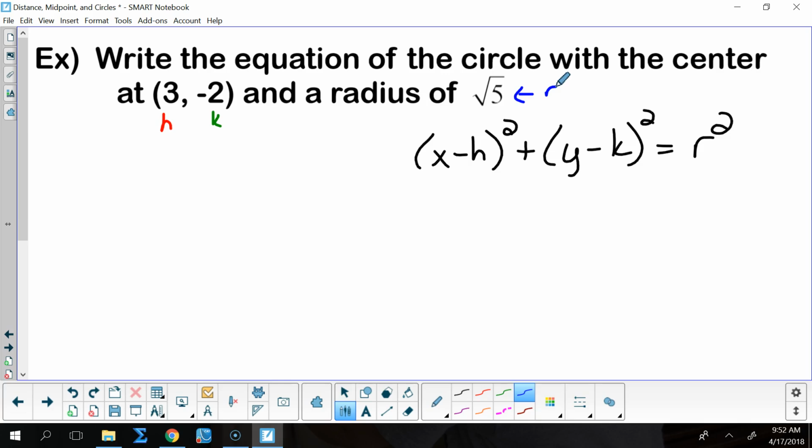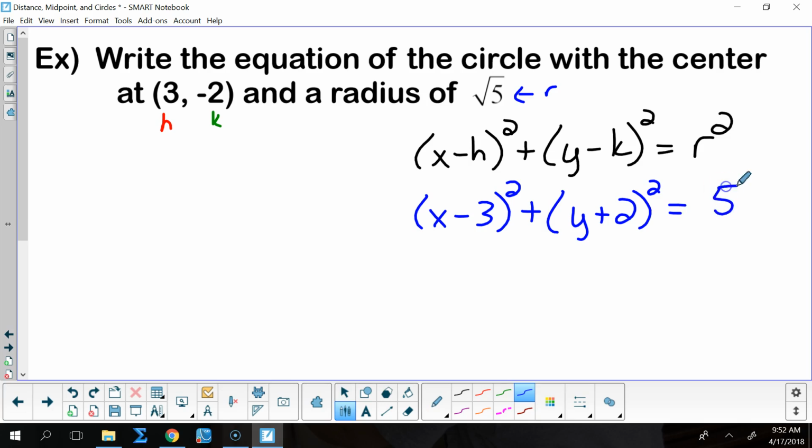So then I just write that in and I say, well, that's x minus h is 3, quantity squared, plus y minus k is negative 2. So minus negative 2 is like plus 2. And the square root of 5 squared is 5. So there is the equation of my circle.